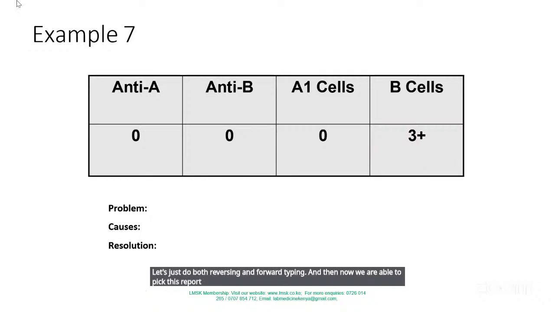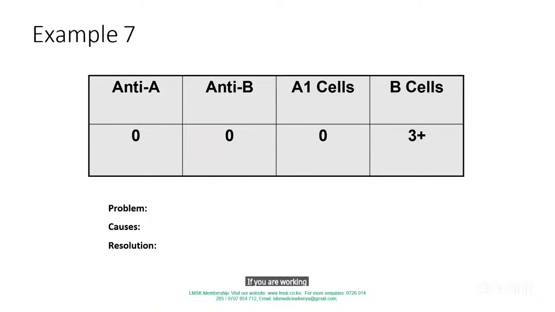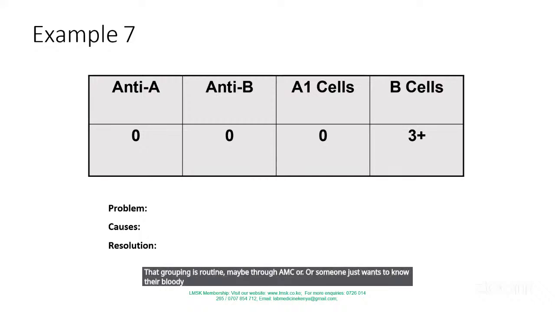You might not really appreciate this if you are working in a setup where most of the blood grouping is routine, maybe for medical checks or someone who just wants to know their blood group. These are people who are physically fit and healthy, so they don't really have so many issues.